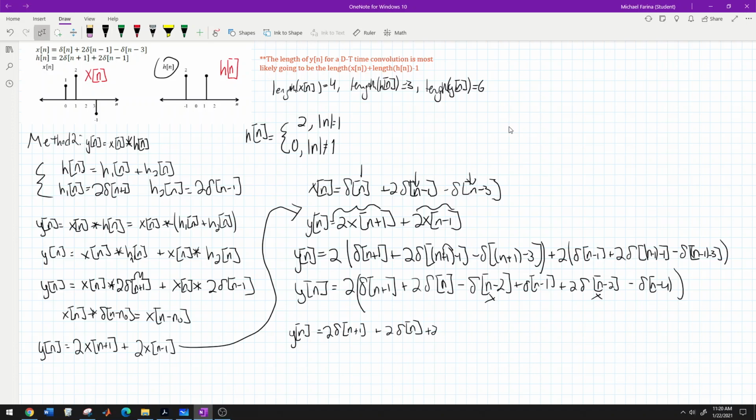And then plus 2 delta n minus 1, and we have 1 delta being evaluated at n minus 2, and we have 1 negative and 2 positive, so that gives us 1 positive, and we have to multiply it by 2, so that'll be a positive: 2 delta n minus 2, and then minus 2 delta n minus 4.